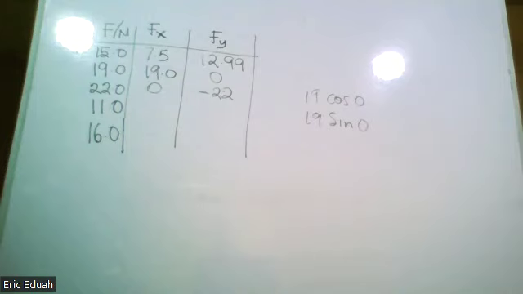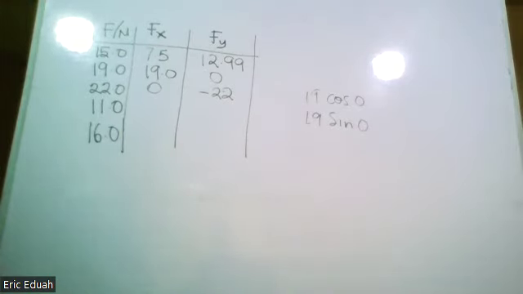11 Newton, the angle it makes with the x-axis is 30. So 11 cos 30, but negative. Okay, cos 30 is root 3 on 2.